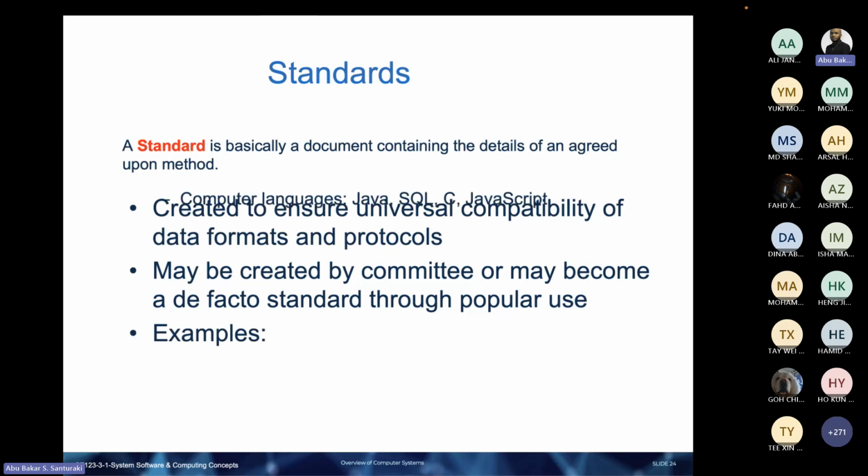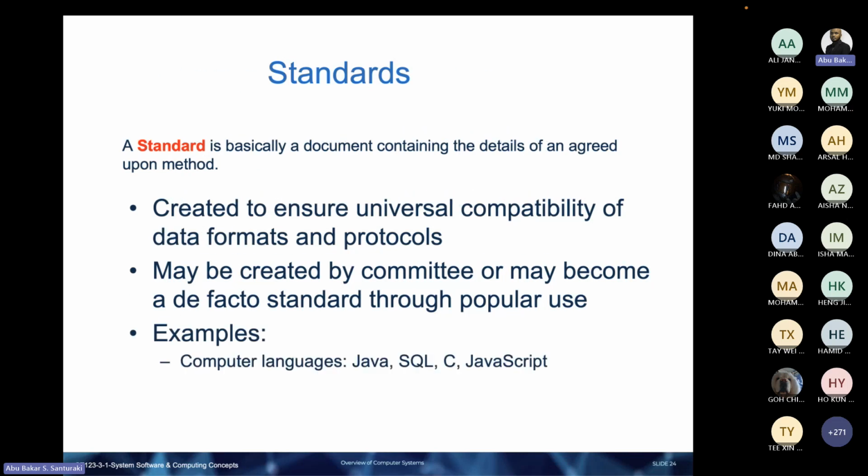So let's take a look at examples of standards. In computer programming languages, Java is a standard. Java can run on virtually everything. In fact, you can even run Java on your Wi-Fi router. Last week, I saw a video where a guy installed Doom. Doom is a computer game. Was it Doom he installed?